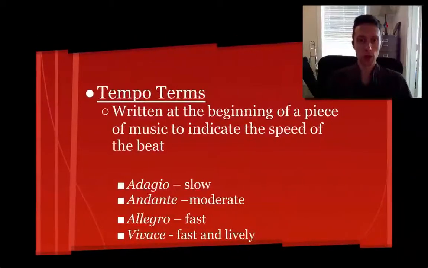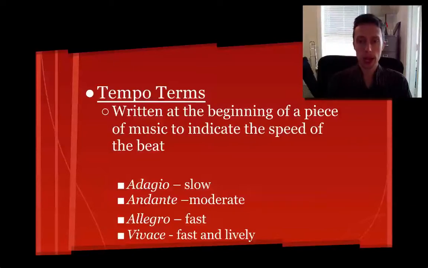There are some terms that composers and arrangers use in classical music to indicate the speed of the beat, or the tempo, as it's called. And there are 4 down here. There are lots more than that, but the 4 that you should know for this class at least are adagio, which means slow, andante, which means moderate, allegro, which means fast, and vivace, which means fast and lively, which is a little bit faster than allegro.